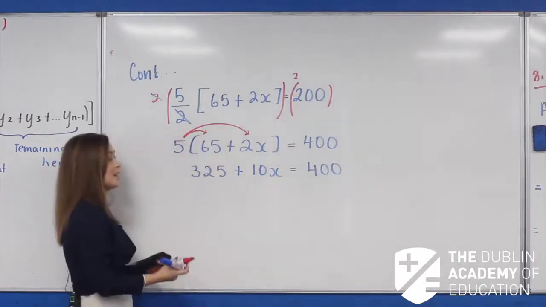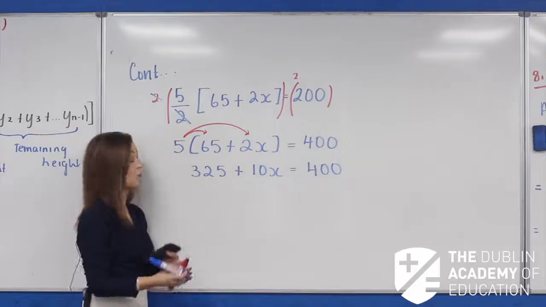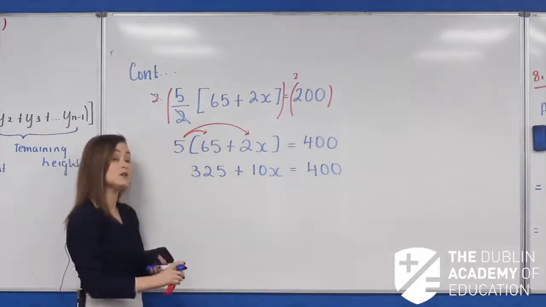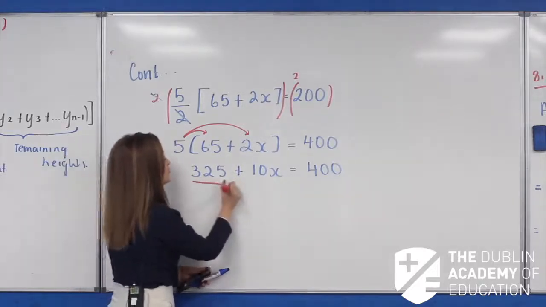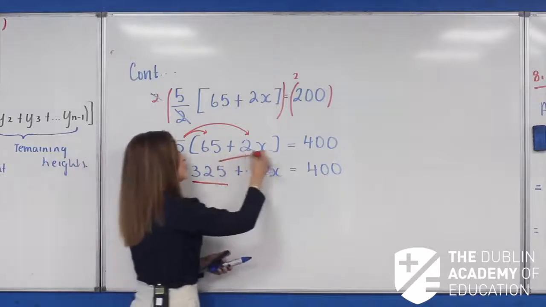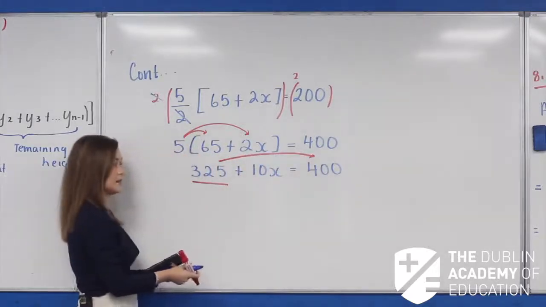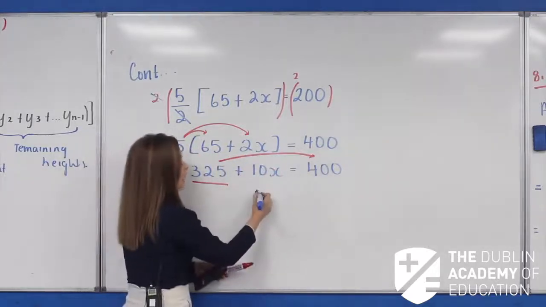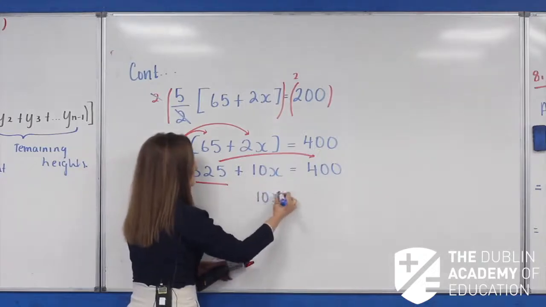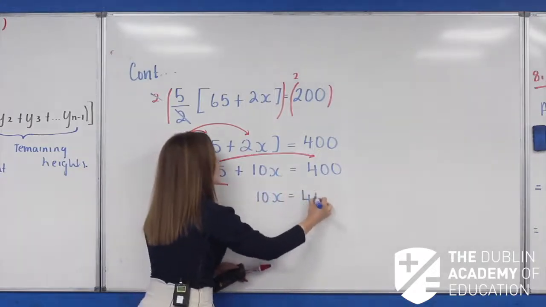Now, here what we want to get is x on its own. So I'm going to take this 325 and bring it across the equals sign. Now, what I'm going to have here is 10x is equal to 400.